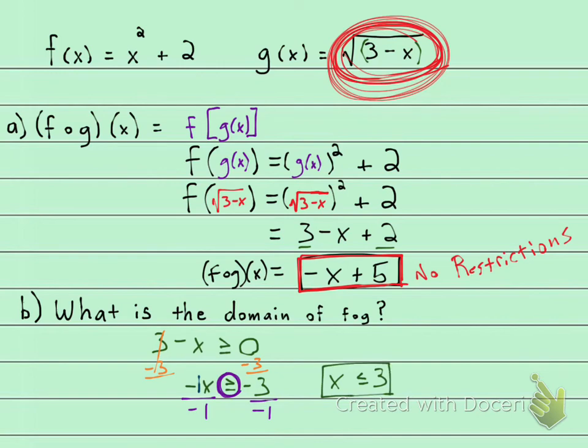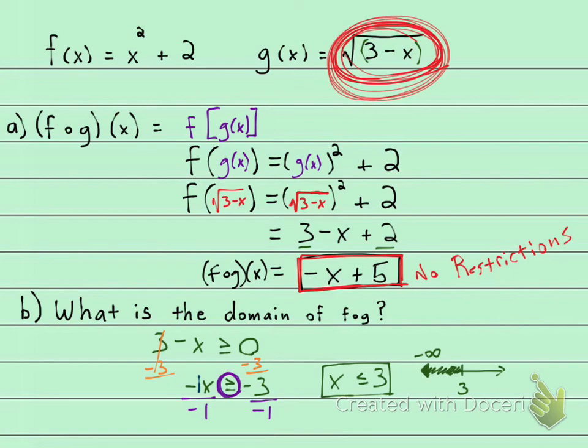All right, now, in order to put that in interval notation, I'm just going to put it on a number line. I always like to go to a number line first. X is less than or equal to 3, so it's going to be everything less than or equal to 3. So I start shading this way. It never stops. It goes all the way back to negative infinity.